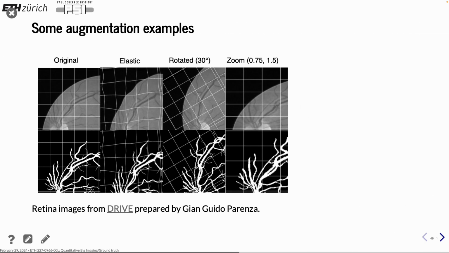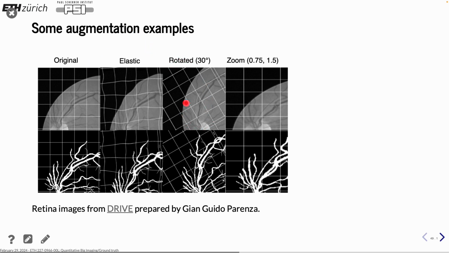And here's an example. This is a retina scan, and it shows some of these variations. So you have the original data with its ground truth, then some elastic modification of the data according to some random wavy grid pattern.